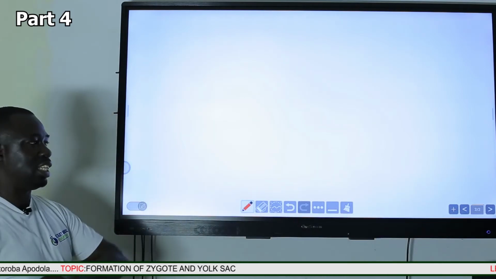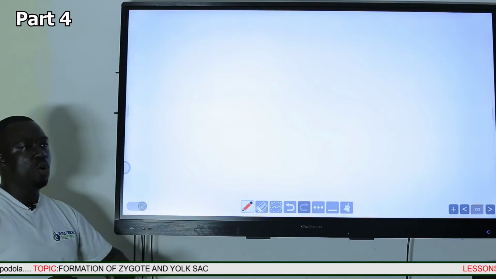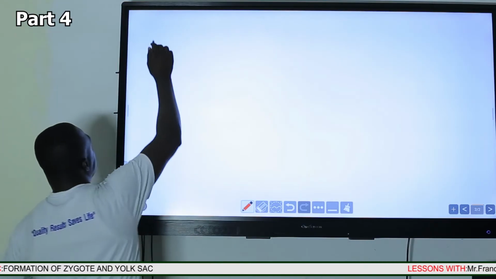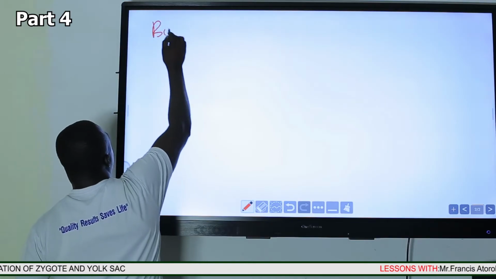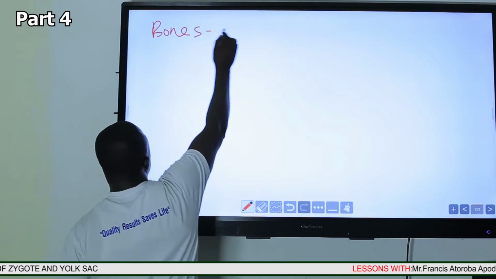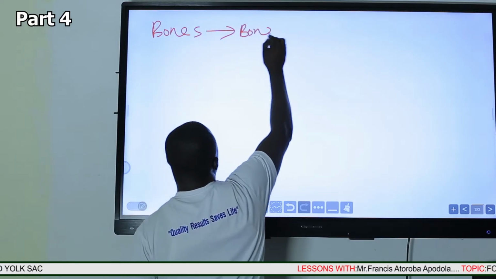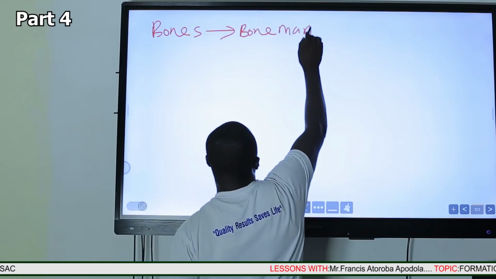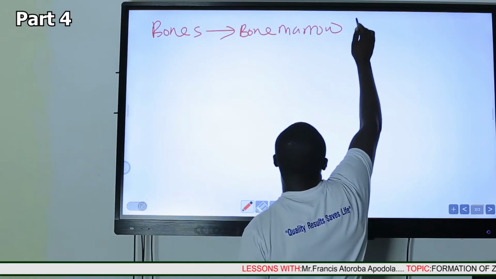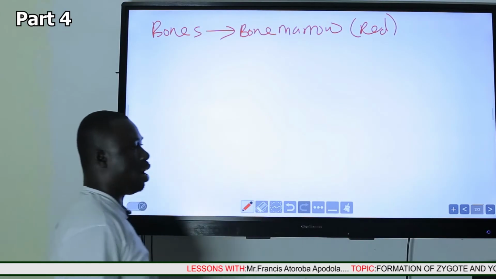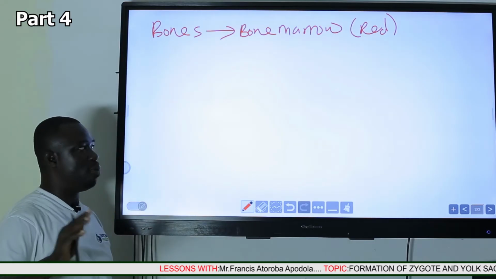That is not to say that the liver and the spleen will have stopped their hematopoietic function. So within the 6th month onwards of the fetal life, the bones begin to form, and within the bone we have a bone marrow, and this bone marrow is of the red type. So there are actually 2 types of bone marrow. We have the red bone marrow and the yellow bone marrow.